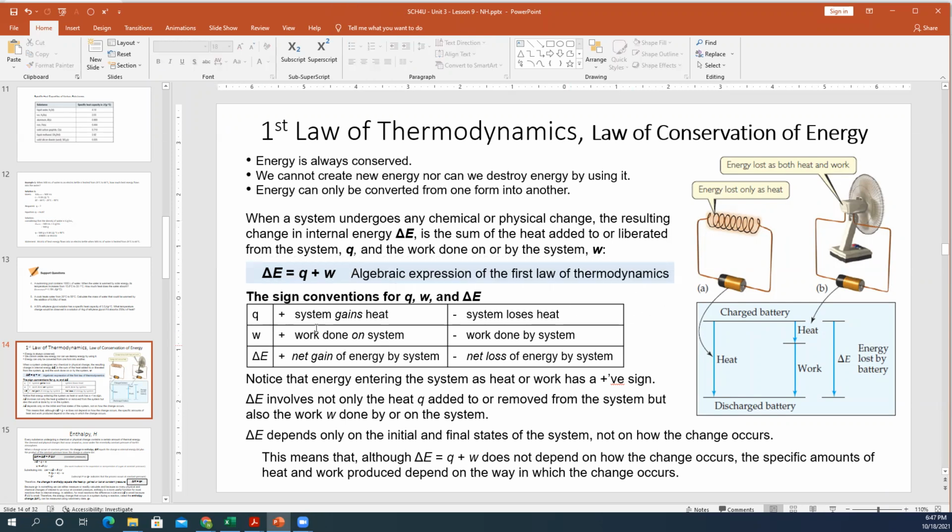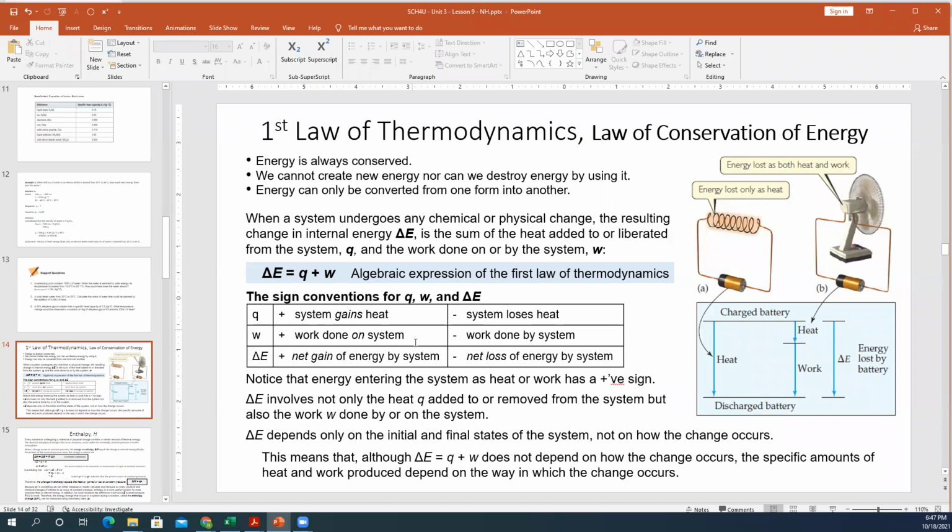This is an algebraic expression that describes the first law of thermodynamics. And here you have to remember the sign conventions for Q, W, and delta E. So when Q is positive, that means that the system gains heat. When W is positive, that means work is done on the system. And when delta E is positive, that means that there's a net gain of energy by the system.